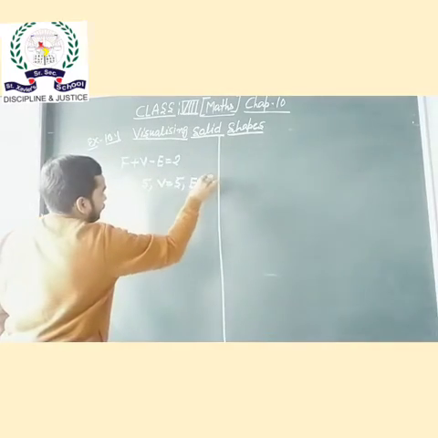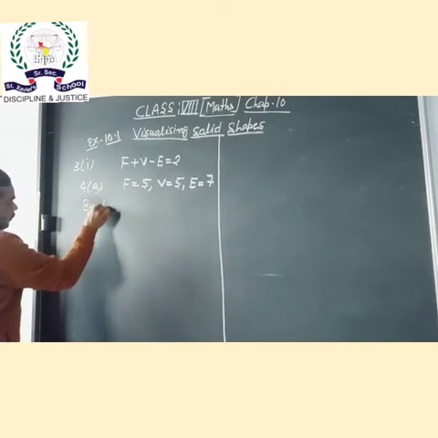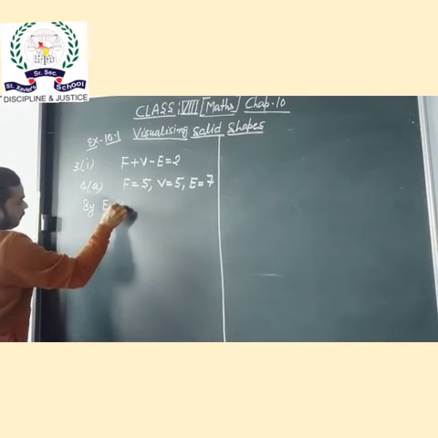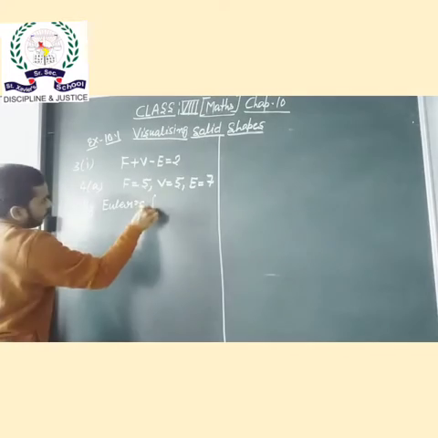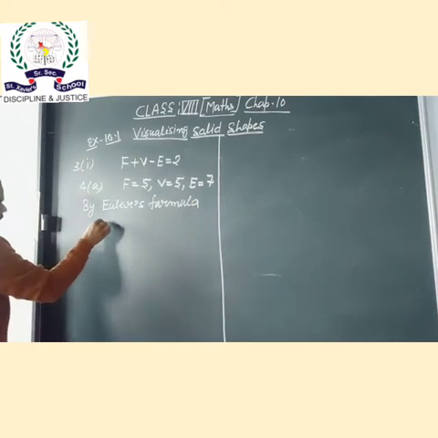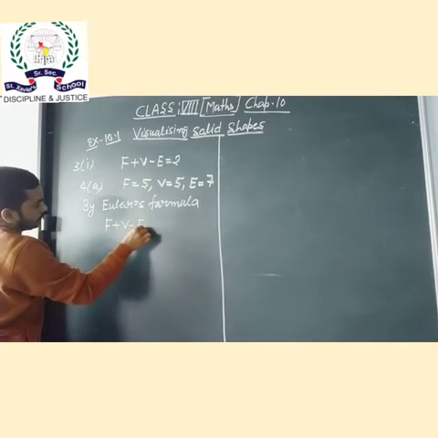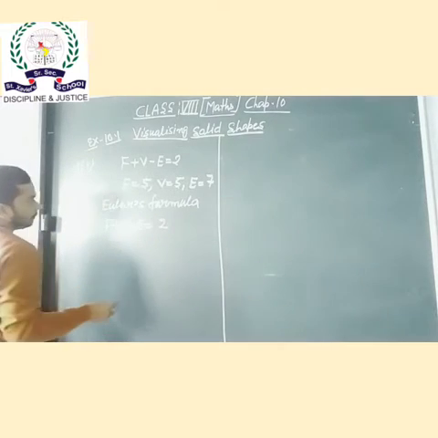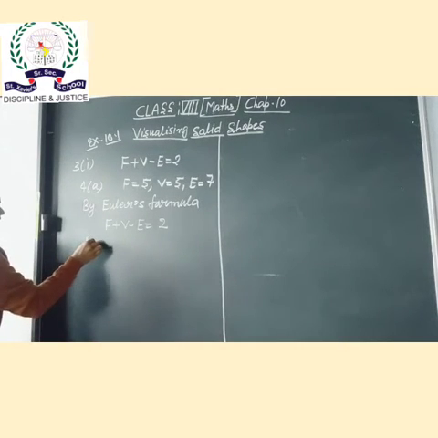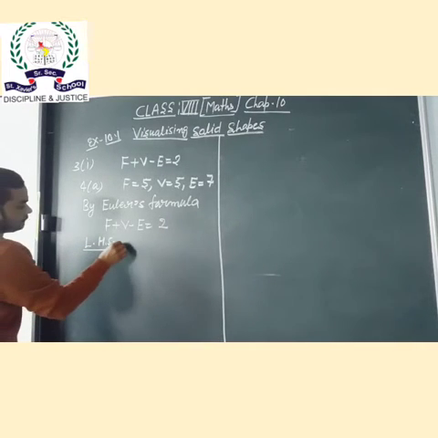Then verify using Euler's formula. So by Euler's formula, we know that faces plus vertices minus edges equals 2. So in the LHS, we have to put the values of F, V and E.